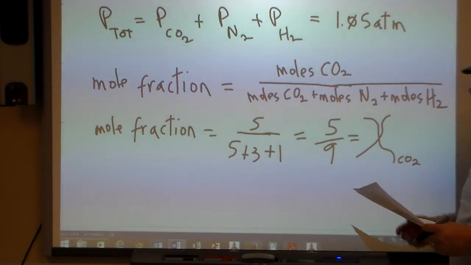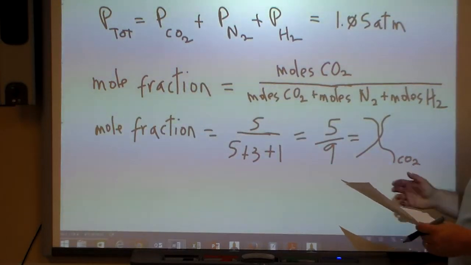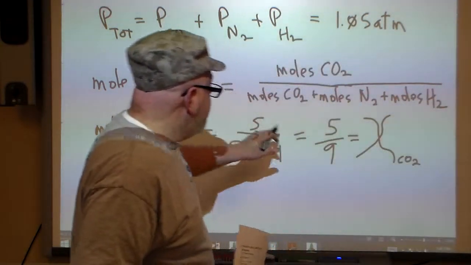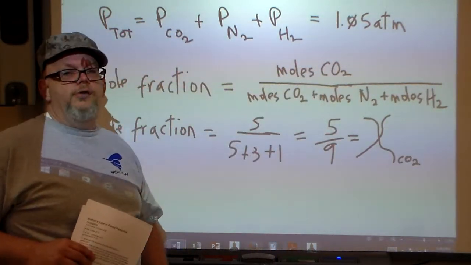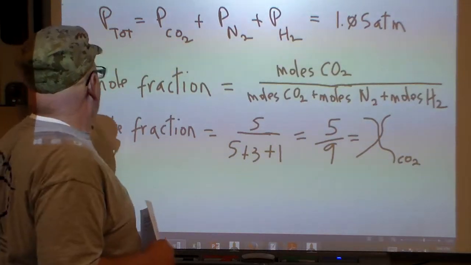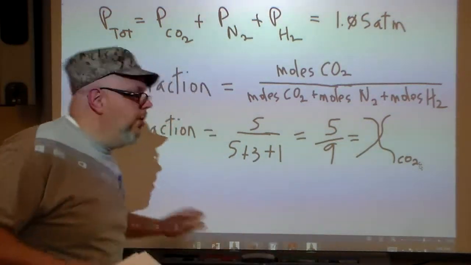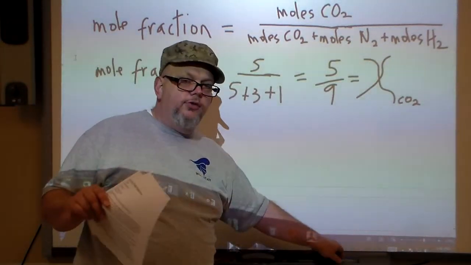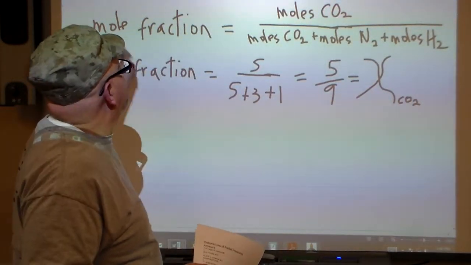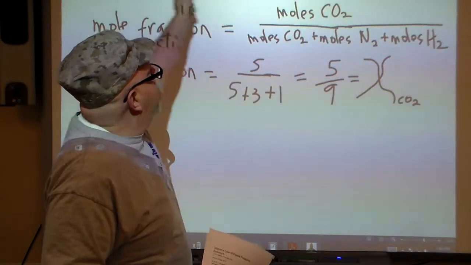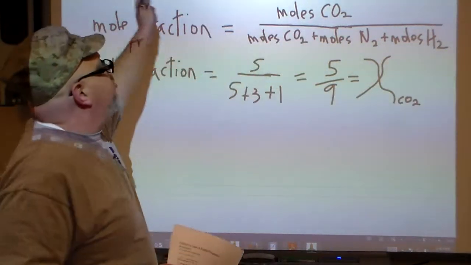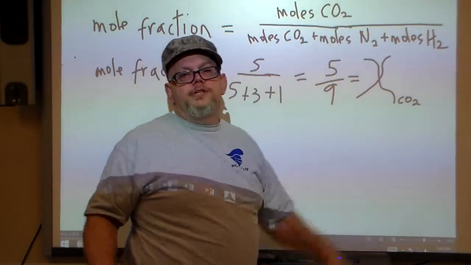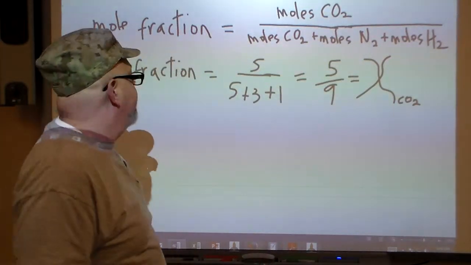Now, I have to speed things up because I'm running out of time. Once you find the mole fraction of CO2, here's the last part that we need, because we only have one part left. We looked at the idea of the mole fraction. We looked at the idea of total pressure and partial pressures. We know that it's 1.05 atmosphere. That's the total pressure.